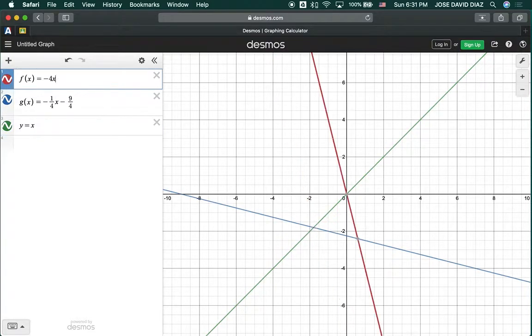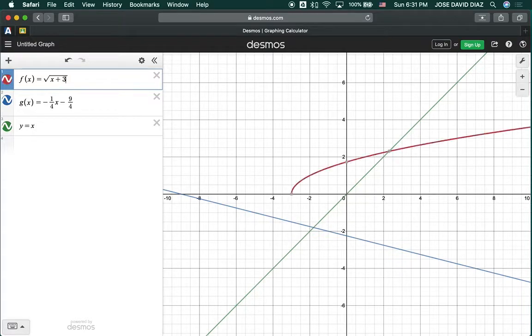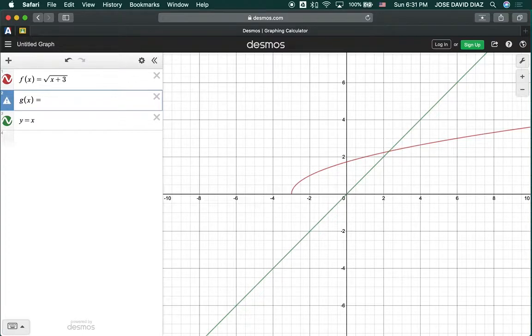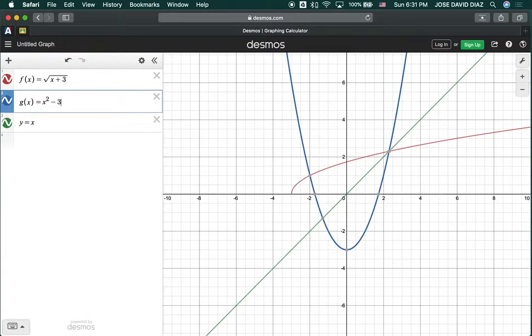Let's do f of x, which is the square root of x plus 3. And this will give me x squared minus 3. So notice that we have this additional part.